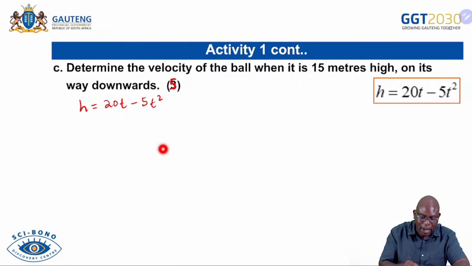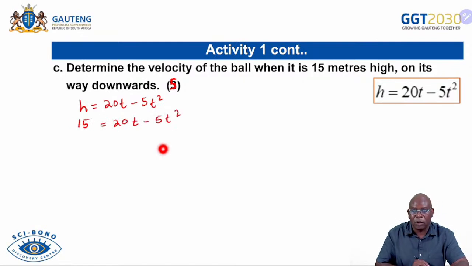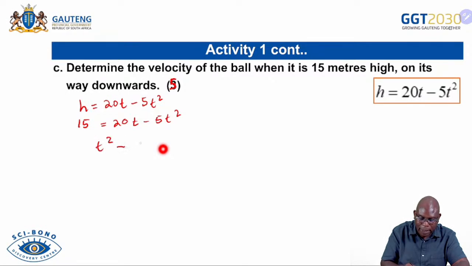So it means I need to take this and put 15 first here, so that then I'll have an equation. 5t squared. So I'm now going to write this equation properly and divide everything there by 5. So I'm going to have t squared minus 4t plus 3 equals 0.